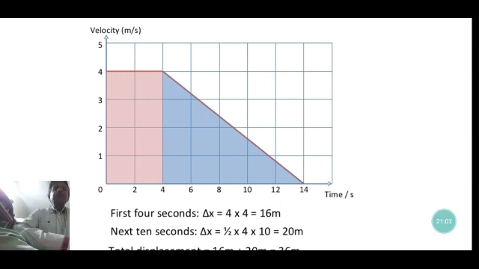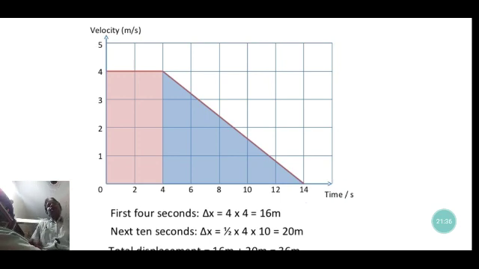In the first 4 seconds, the velocity of the object is constant, 4 meter per second, and so the displacement covered by the object is represented by the area of this rectangle. And here the velocity of the object decreases uniformly and becomes 0 during the last 4 to 14 seconds.